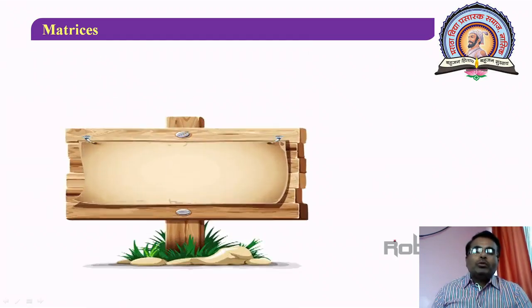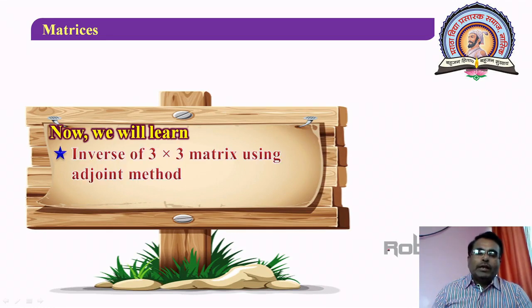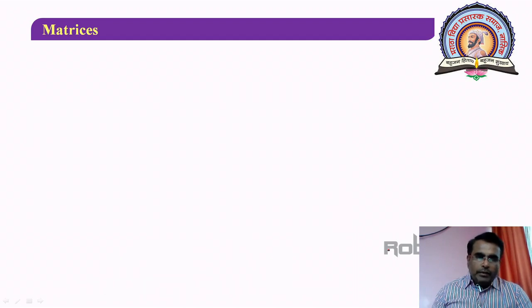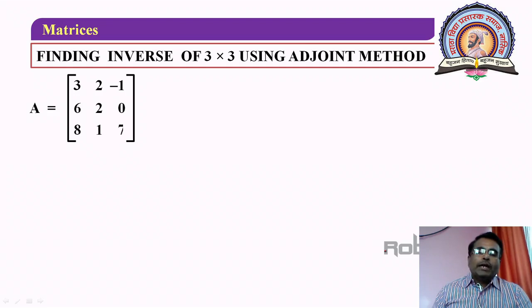Now similar to this, we can consider how to find the inverse of a 3 by 3 matrix using the adjoint method. To find the inverse of a 3 by 3 matrix using the adjoint method, we have to consider one example. Suppose A is equal to 3, 2, minus 1; 6, 2, 0; and 8, 1, 7.